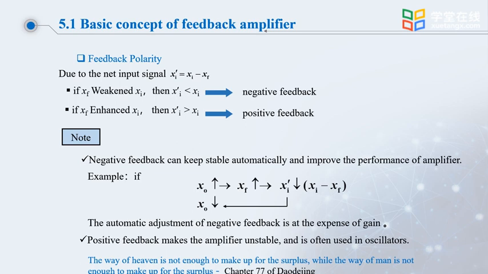So after introducing the feedback network, a sudden increase in output is met with a trend toward smaller output. It has an automatic balancing feature.